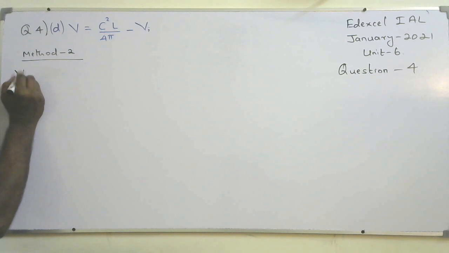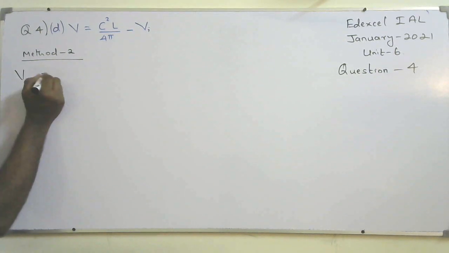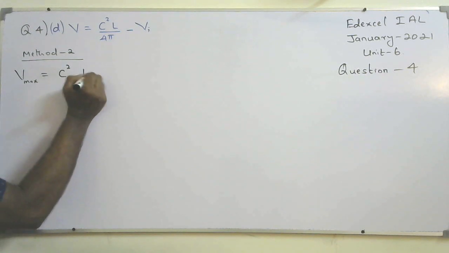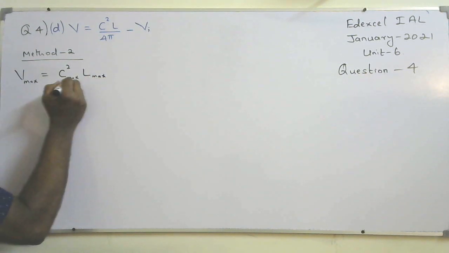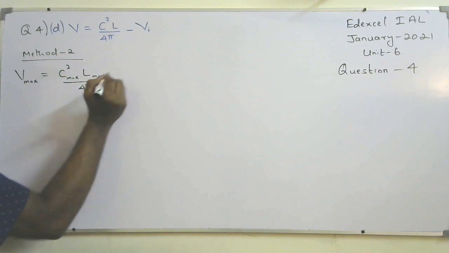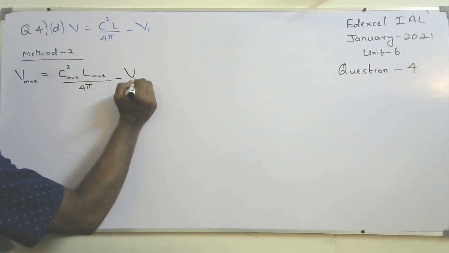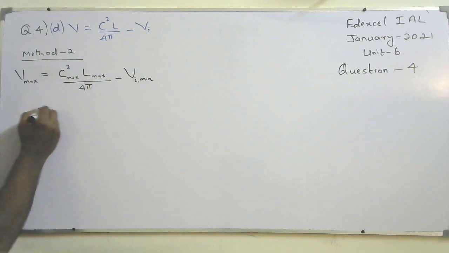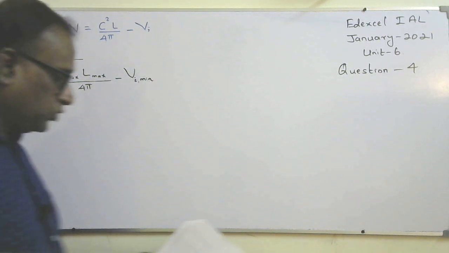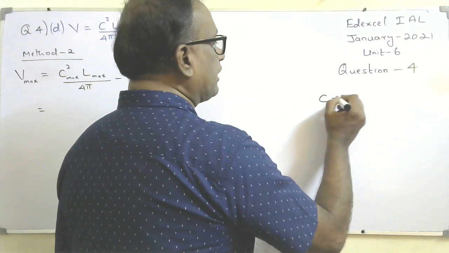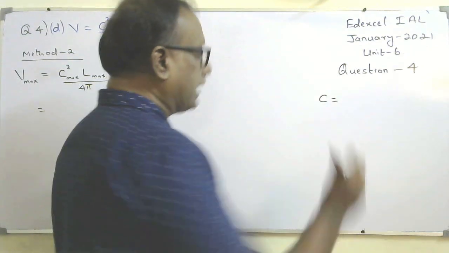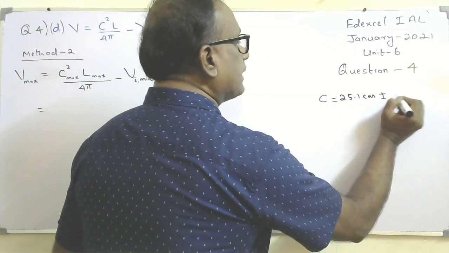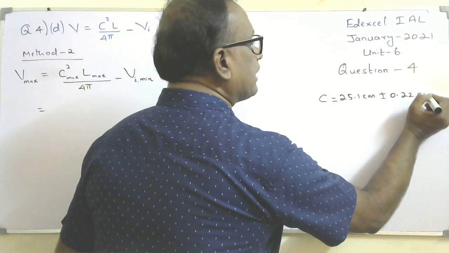So V max is equal to, I need to find the maximum value, that is C max squared L max over 4 pi minus Vi minimum. I need to subtract the smallest value. So how can I find the C max? You know the value of C is given. We already found the value of C in the previous part, 25.1 centimeter plus or minus 0.22 centimeter.